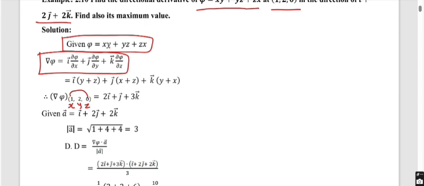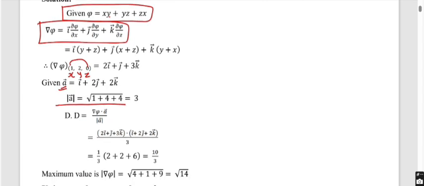This is del phi at the given point. In this problem, the direction is also given, that is A vector is i vector plus 2j vector plus 2k vector. Then modulus of A vector equal to square root of 1 plus 4 plus 4, that is root 9, equal to 3.